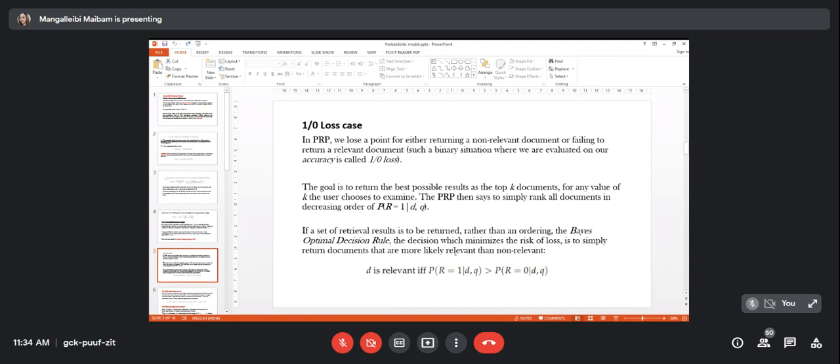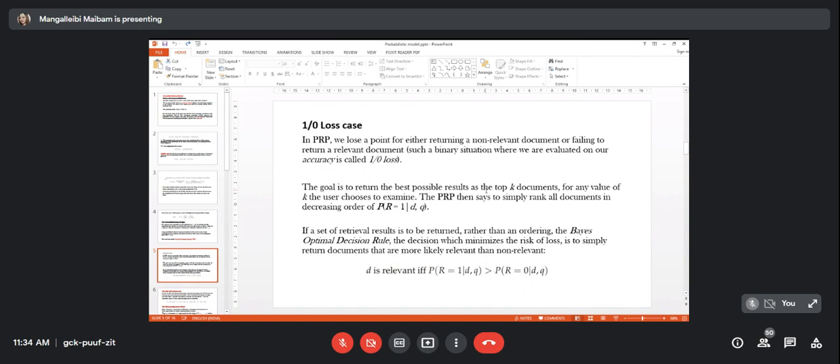So this is going to reduce the chance of being lost. How? By returning the documents that are more likely relevant than non-relevant. What is more important in our retrieval method is that we return the relevant documents, right? So we do not give much importance to returning the non-relevant document; we give more importance to returning the relevant document.